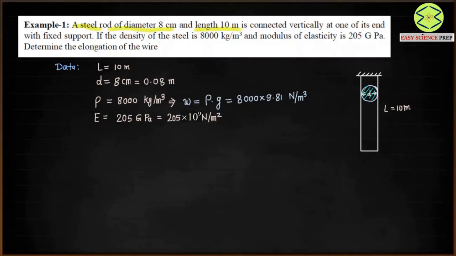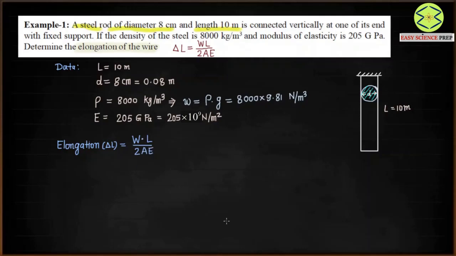Fine. We need to find the elongation of the wire in this situation. So we know that for a uniform area bar, the elongation, that is delta L, is given by actual weight into original length divided by 2 times area of cross section times Young's modulus. This is how we find it. So the expression of elongation due to self weight, delta L, is nothing but the total weight of the bar, self weight, times L divided by 2 times area of cross section times Young's modulus.